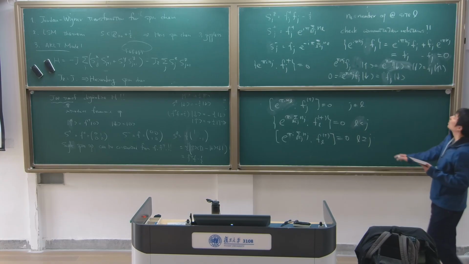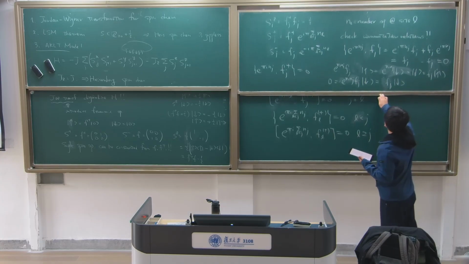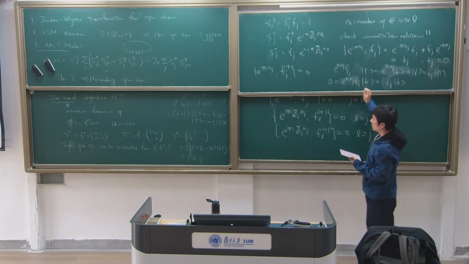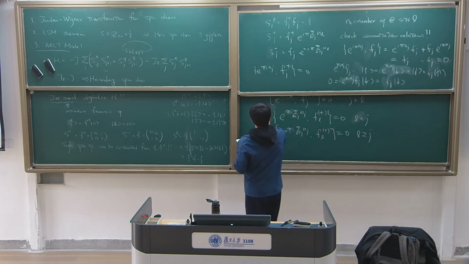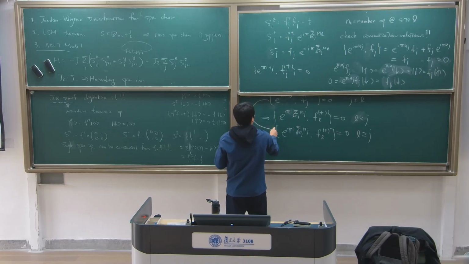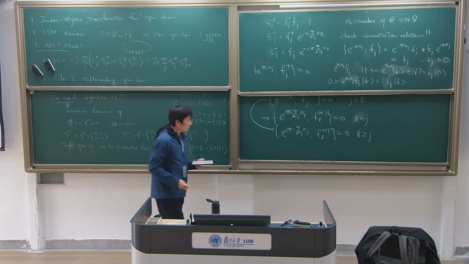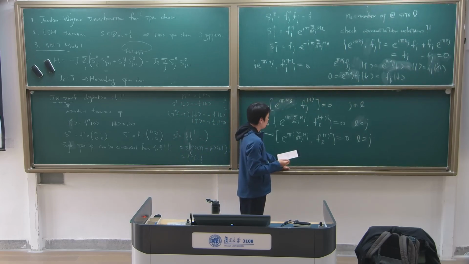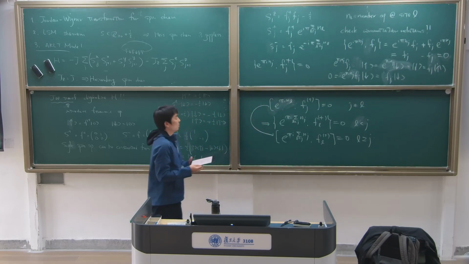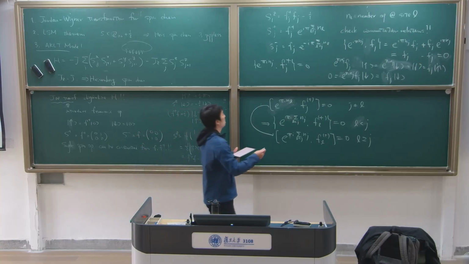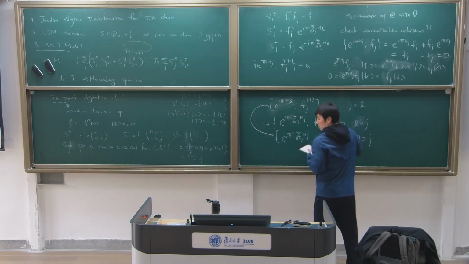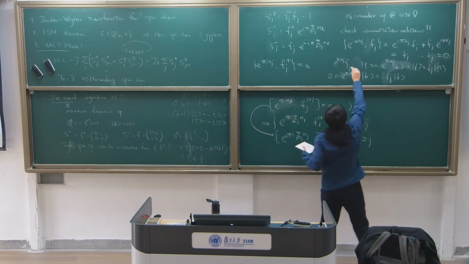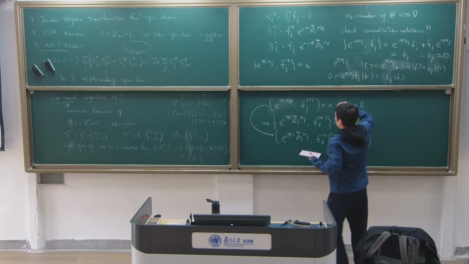Okay, so this anti-commutation implies this guy, and this implies this. And when that ends up here, this guy implies this.